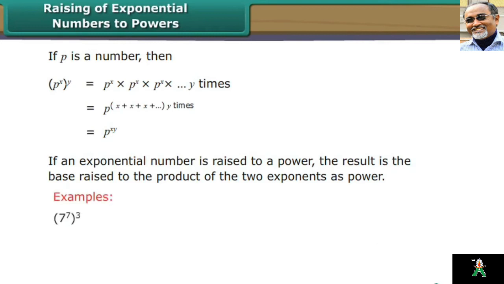Let us look at some examples. 7 raised to the power 7 raised to the power 3 is equal to 7 raised to the power 7 into 7 raised to the power 7 into 7 raised to the power 7, which is 7 raised to the power 21, which equals 7 raised to the power 7 into 3.